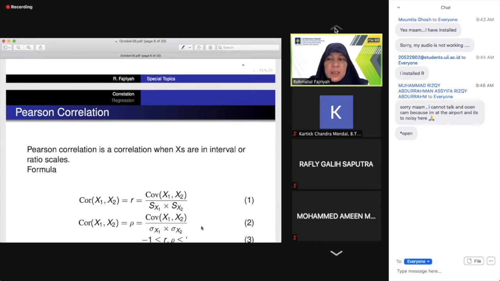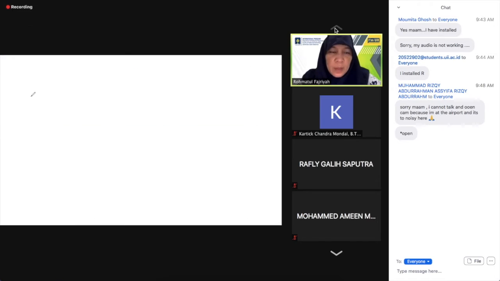But if you already learned statistical basics, then you know that there are 4 types of scale measurement. For example, here is interval, ratio, and then what else? I don't remember. Interval, ratio, and then what else? Nominal and ordinal. Okay, that's the 4 scales of measurement.